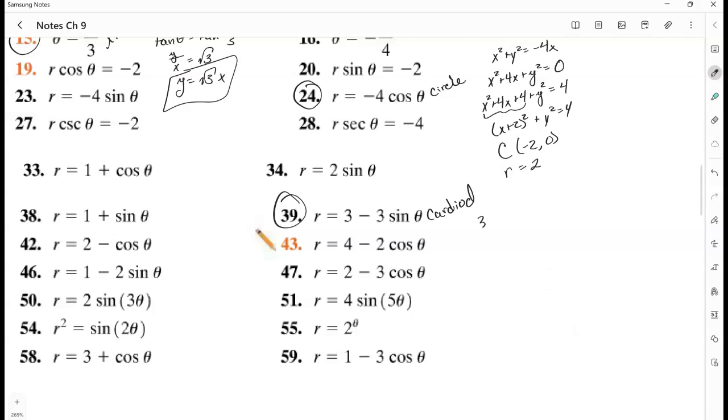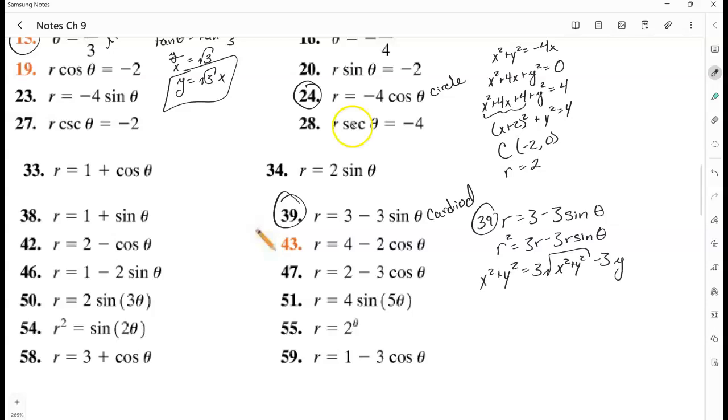And if we wanted to write that in rectangular, we could multiply everything by r, make our substitutions, and this is just not going to be a very nice equation. We know it's not a function, right, because it fails the vertical line test.